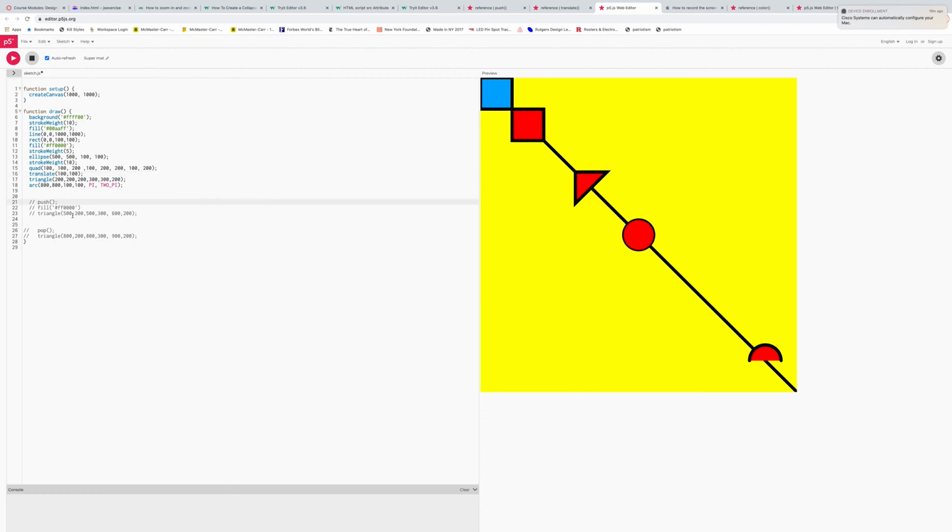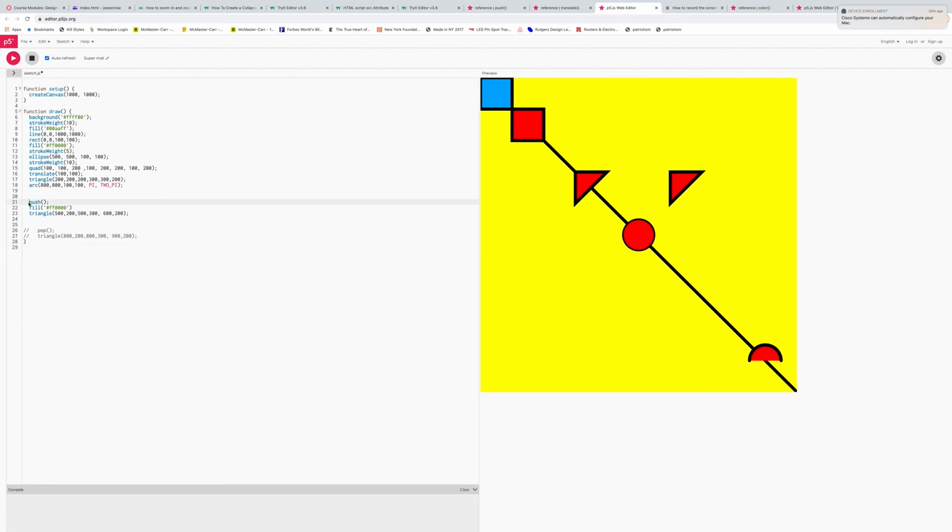Now, if I wanted to start manipulating the color, the stroke, and the position of my shapes, but I wanted to duplicate those shapes without having to write all of this information again, I can use the push and the pop functions. So what do I have? I have my triangle, which has suddenly appeared over here.